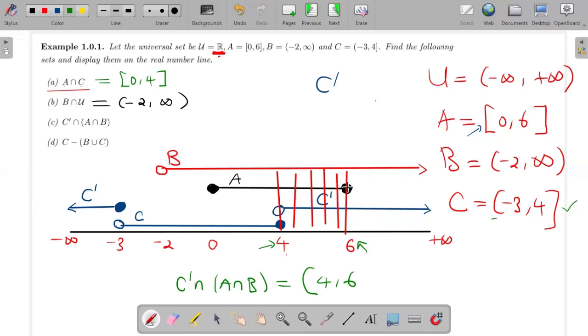Is it in B? Yes, because there's a solid line again passing at this 6. So this 6 is in C complement, it's in A, and it's in B. So I'm going to put a square bracket like that. So our answer would be curved bracket 4, and then 6, and then square bracket like that. As easy as that.